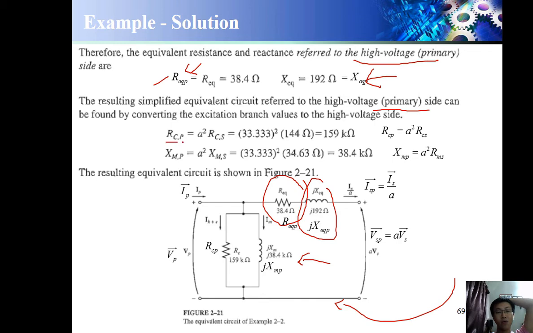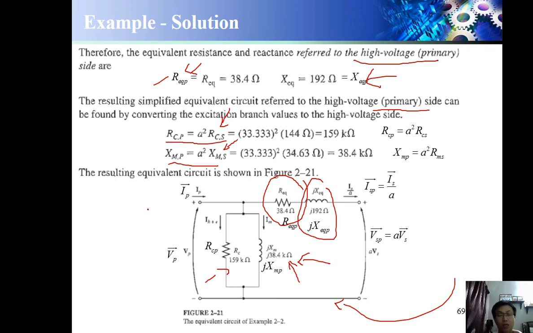How to convert? We use this equation. That's why this one we must annotate very clearly. RCS, XMS. Then we want to find RCP, XMP by using the equation A squared times RCS, A squared times XMS. A is the turns ratio. Then we put it inside here.